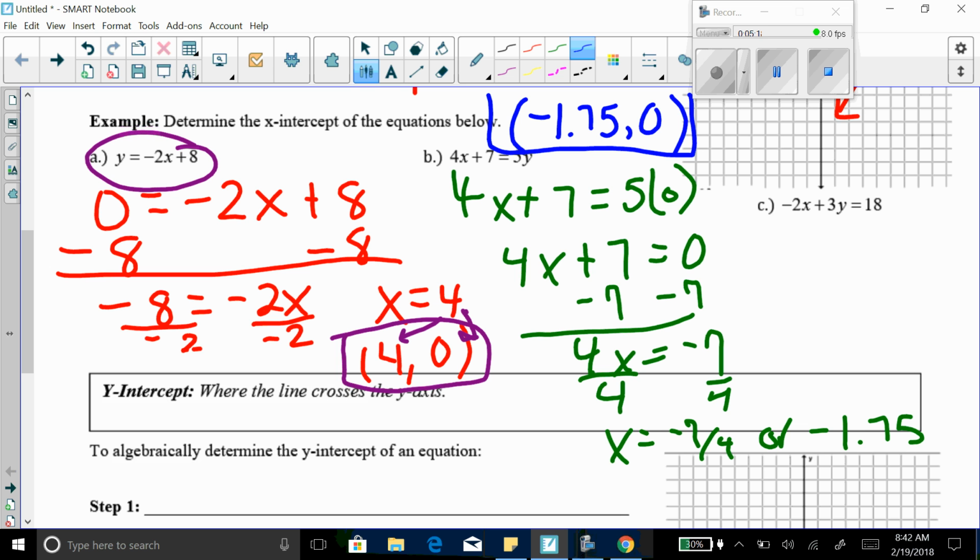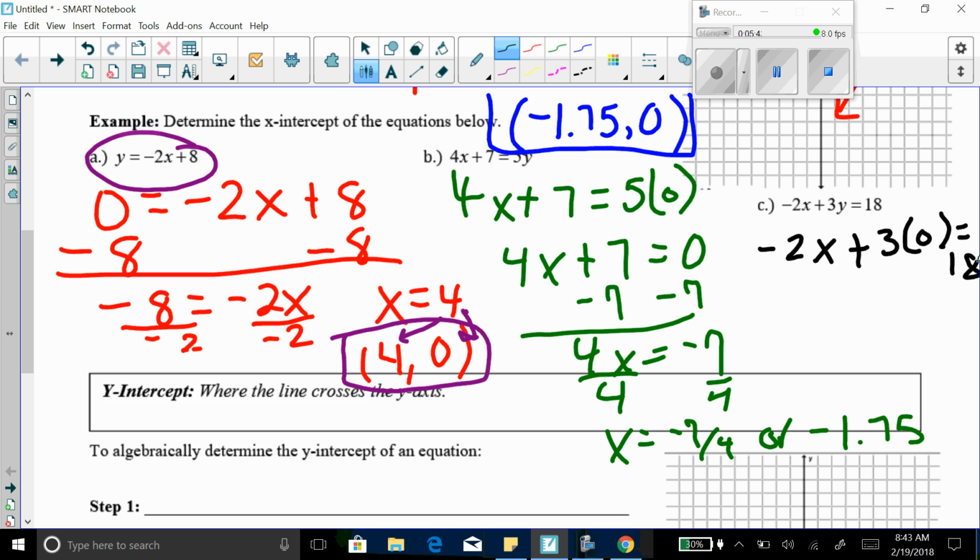Okay, at this point you should have turned off the video, tried the problem on your own, and let's see if you get the same answer. Because we're solving for the x-intercept, we're putting 0 in for y. So we get negative 2x plus 3 times 0 equals 18.